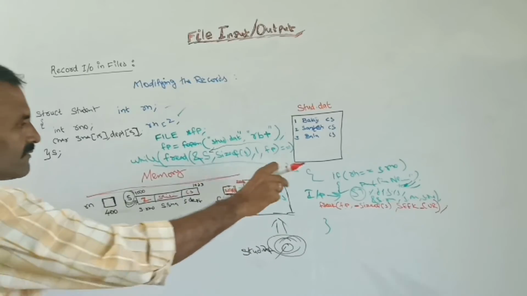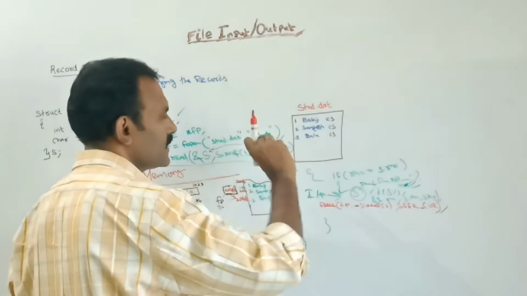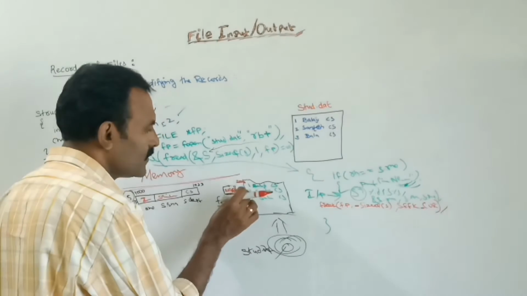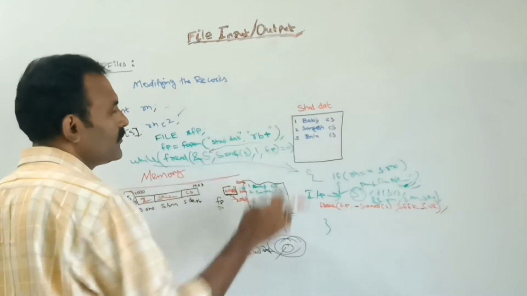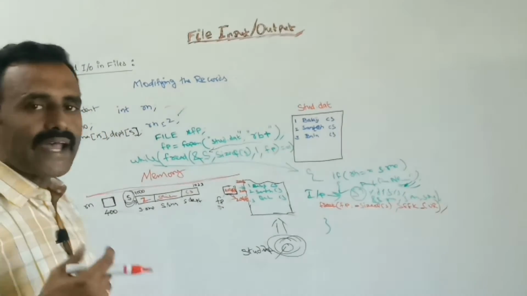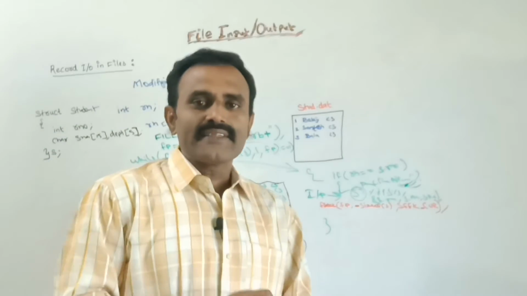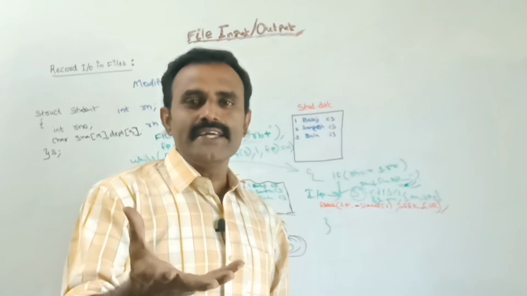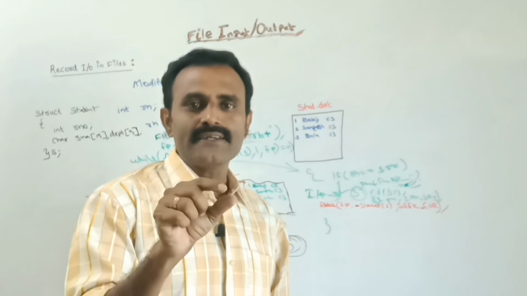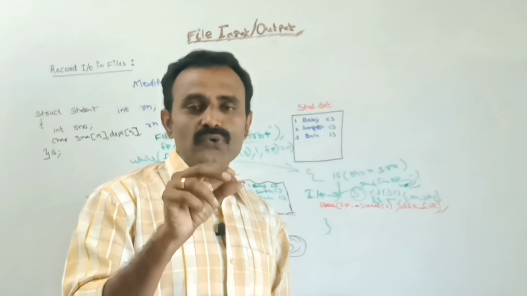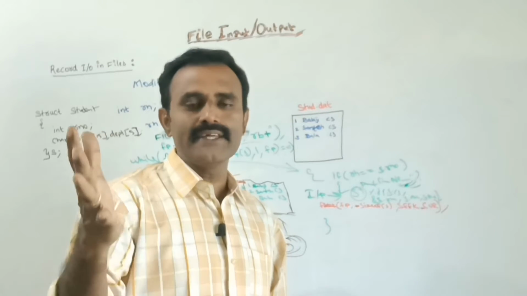Next I am writing the given new content to the current position, that is, where it is now currently at 2024. So here this record will be modified. See, for fwrite we already saw that it simply writes the content to the buffer, to the memory, where the file pointer is currently placed.